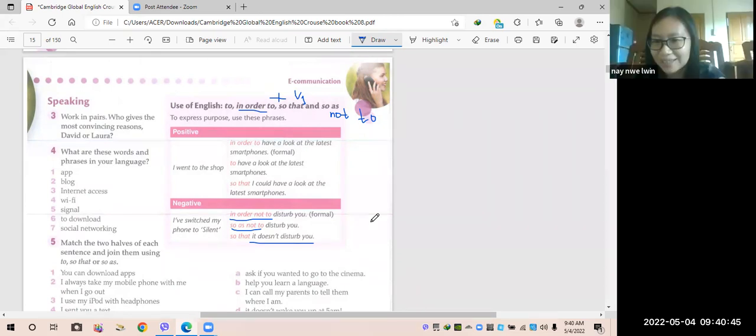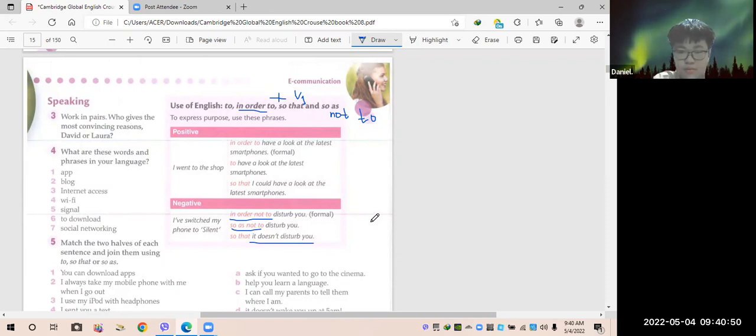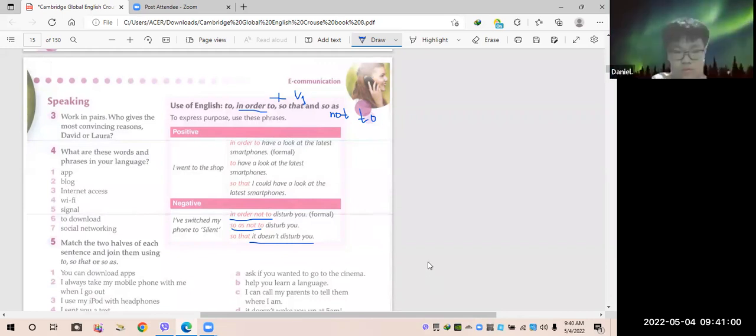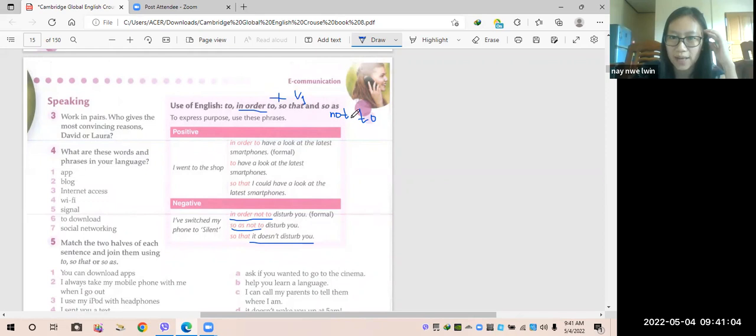Is that okay? Yes. Respond to my question, okay? You're not doing the message page, you're still on page 15, doing this grammar point. You have to construct the sentence by using to, in order to, so that, and so as not to. But you have to write your own sentence.